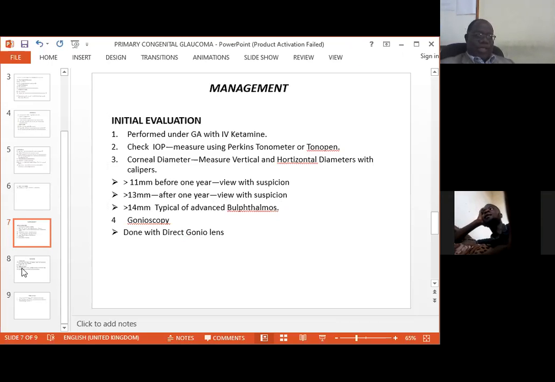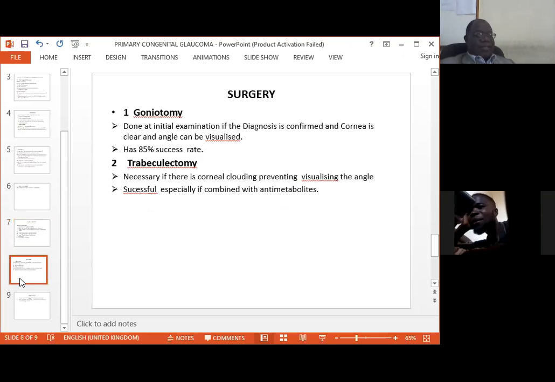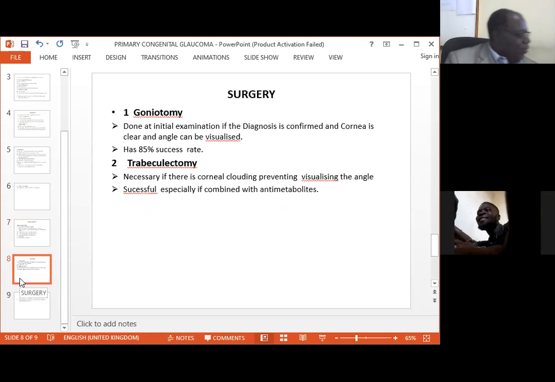So you are going to measure the diameter, but let me warn you, this gonioscopy can only be done successfully if the cornea is a bit clear. If it's completely opaque, you will not see through that opaque cornea to the angle, even if you use a gonio lens. But in early stages, you might be able to see. You're trying to see whether there is maldevelopment of the angle or not.